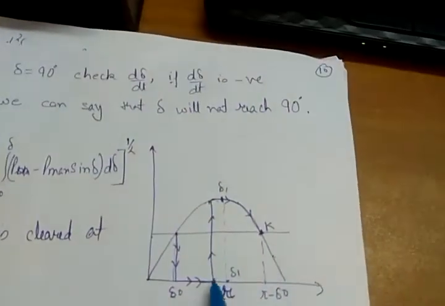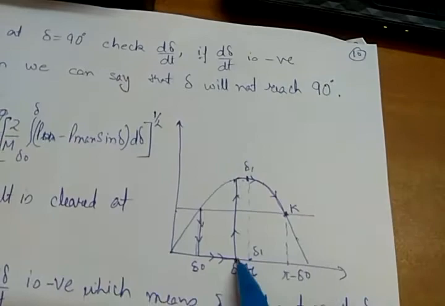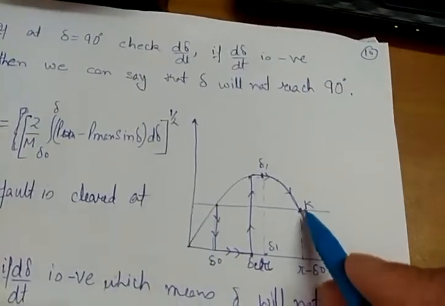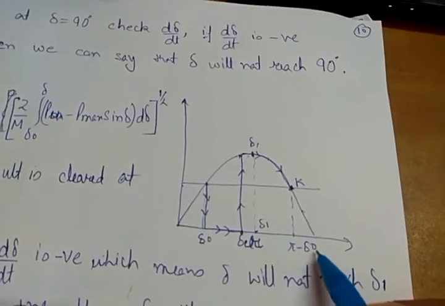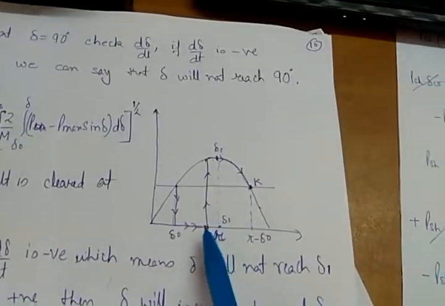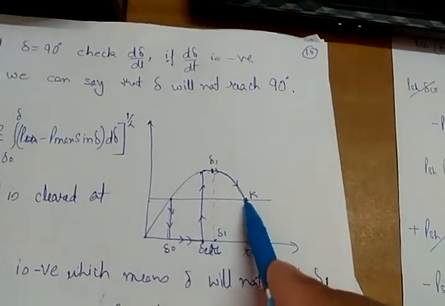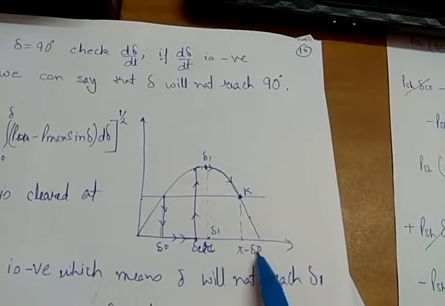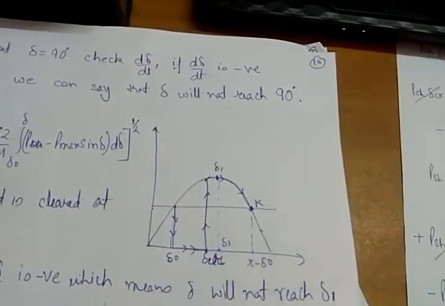I am saying that when the fault is cleared at delta cr, shaft power becomes equal to the electrical power at point k, where delta is nothing but pi minus delta naught. So how will you calculate delta cr for a system? It is not difficult. What I know is that at this point k, when delta is equal to pi minus delta naught, the area made by the shaft power becomes equal to the area made by the electrical power.